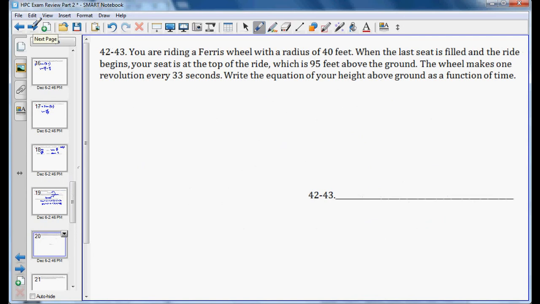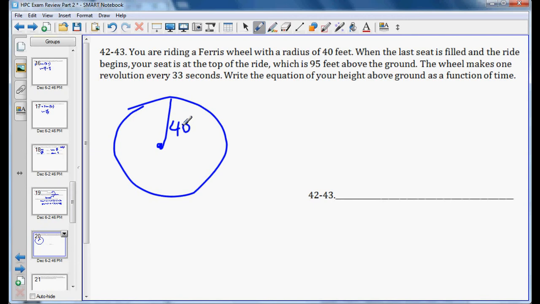And if we think about it, we know the radius is 40, so the distance down is also 40, making the total diameter or height of the Ferris wheel 80. So for this top part to be 95 feet above the ground, we just need to do 95 minus 80 to figure out this is 15 feet above the ground. So 15 is then our minimum.